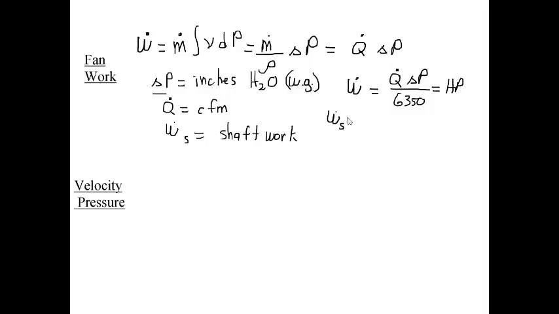We're going to look at static work. Static work is going to be associated with what's called the static pressure. And then we also have total work, which is again flow rate times total pressure.